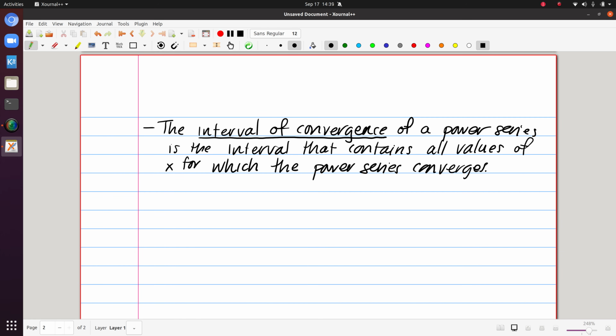So that leads to the following idea. In general, the interval, in terms of what we found above, could be one of 4 things.